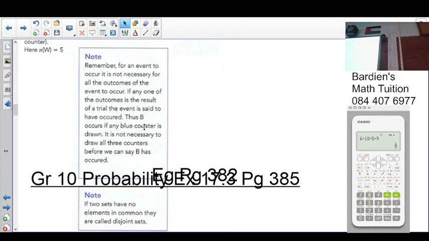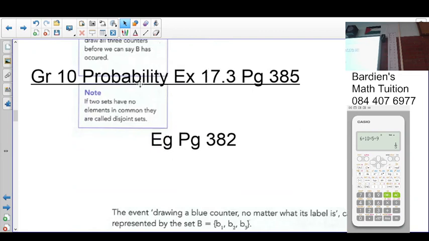Okay, so if you say drawing a blue counter, it can be any one of those 3 counters. If it says white, how many whites are there? 5. We draw any one of those 5, and then that event has occurred. It doesn't have to be white 1 or white 3, whatever.